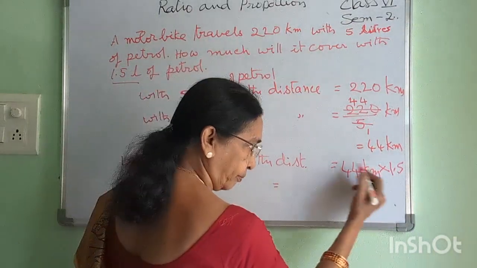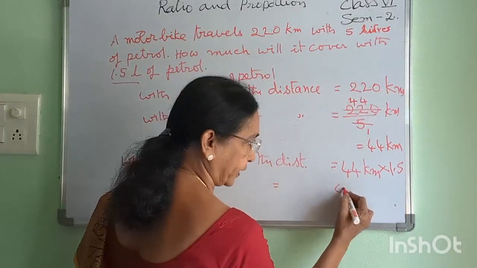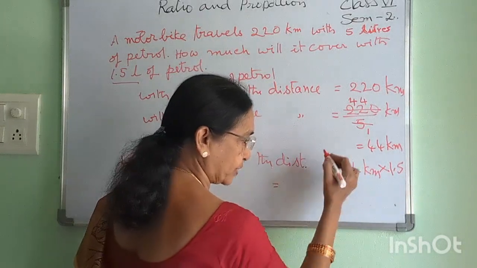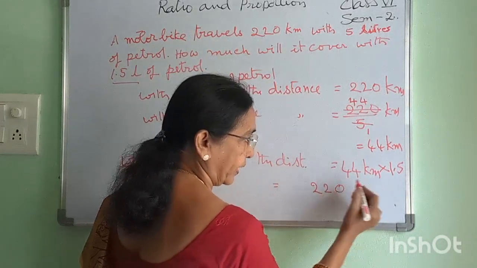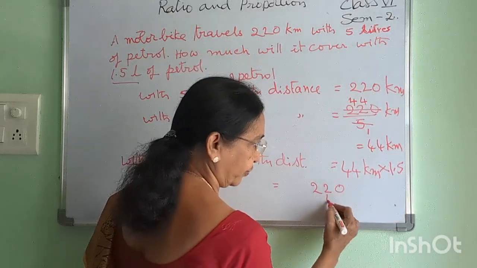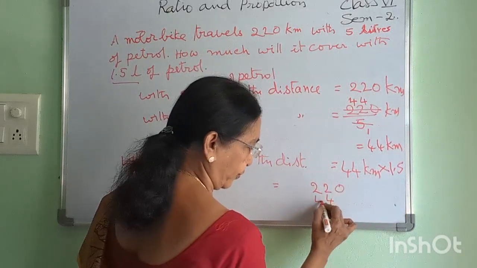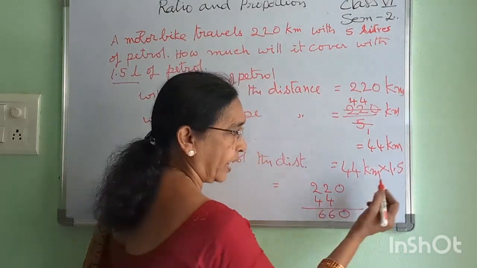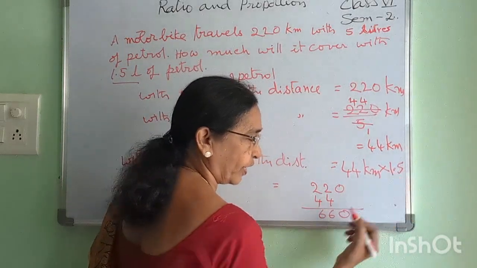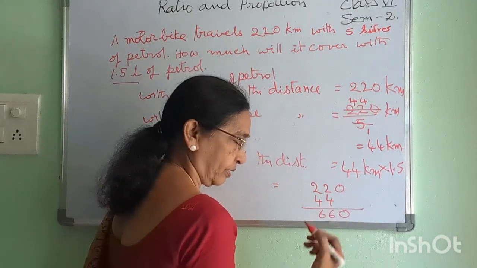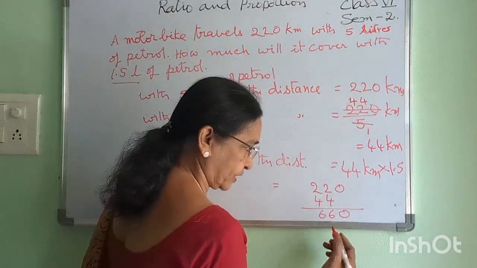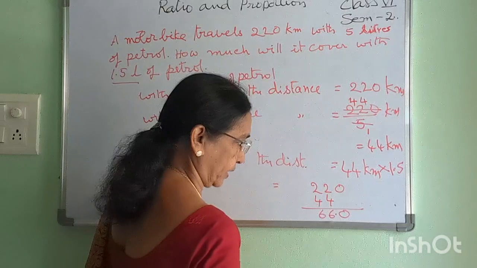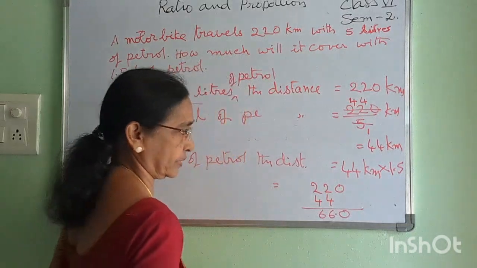So I will multiply it. 5 fours 20, 5 fours 20 plus 2, 22. Next 1 4 4. So 0 6 6. As the decimal point is one digit from the right, we will put it here, 66.6.